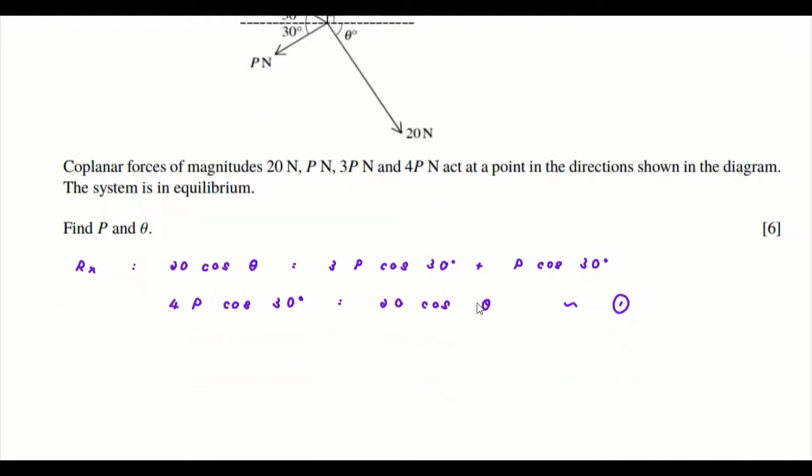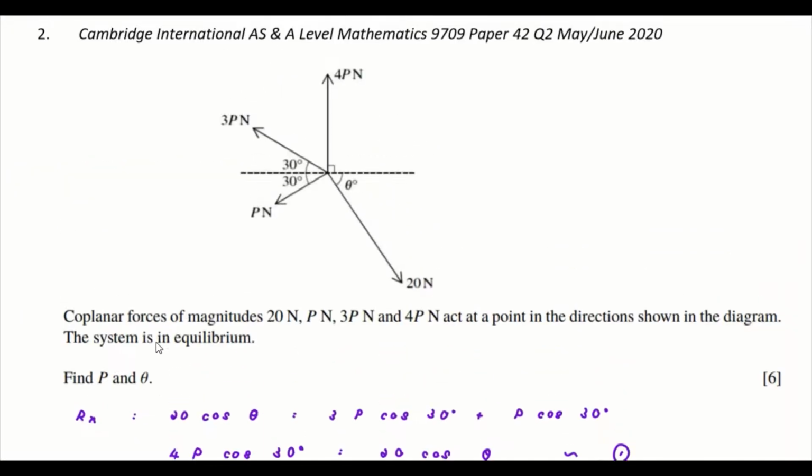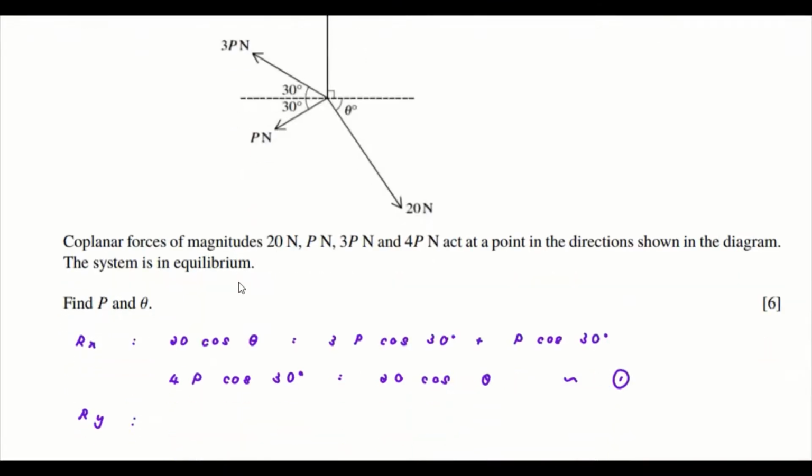All right, now let's move on and resolve in the y direction. Similarly, going up and going down is the same. Going up, we have 4p, and then plus 3p sine 30. It will be equal to p sine 30 plus 20 sine theta.